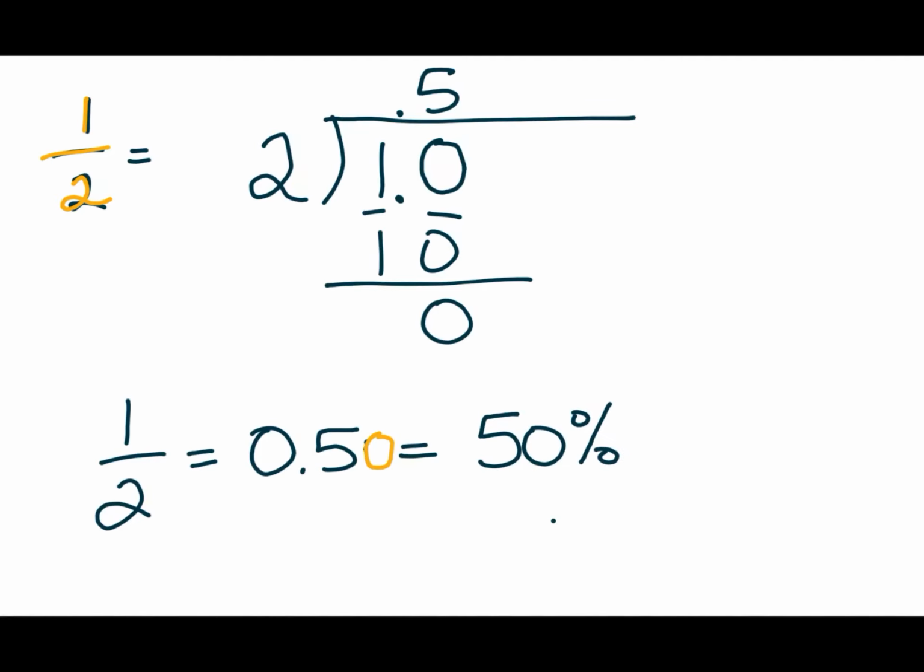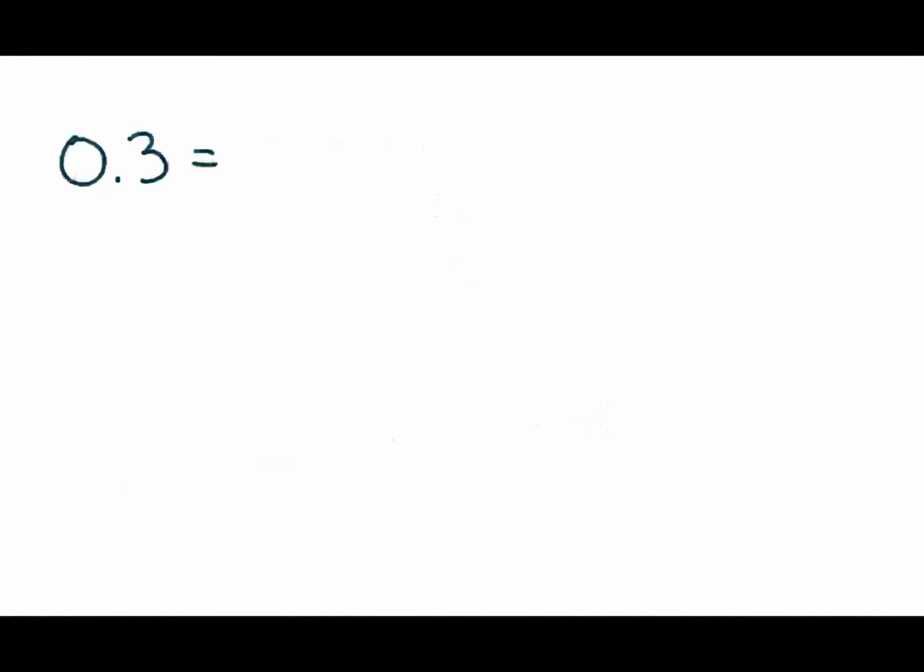All right, so let's look at 0.3. We're going to turn 0.3 into a fraction. Now, 0.3 is the same as 3/10, right? It is 3/10. Now, always reduce your fractions. This is something that a lot of you lost points on for that quiz. 3/10 cannot be reduced, so we're going to just leave it as is.